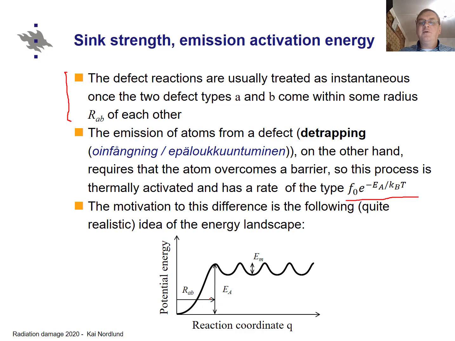So if you have 2 defects coming next to each other, to de-trap, you need to get from a deep potential well up to the migration well. So this would be the defect migration well, and this activation energy for de-trapping can be, and often is, several electron volts, whereas the migration energy may be only 0.1, 0.2 electron volts. So there is a big difference in this.